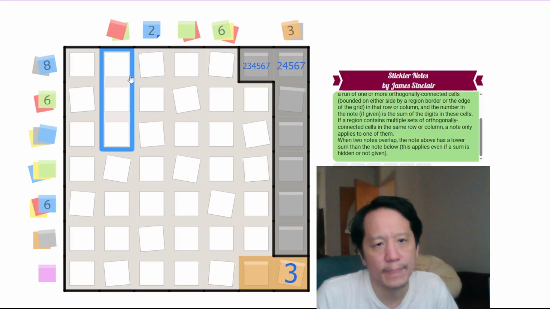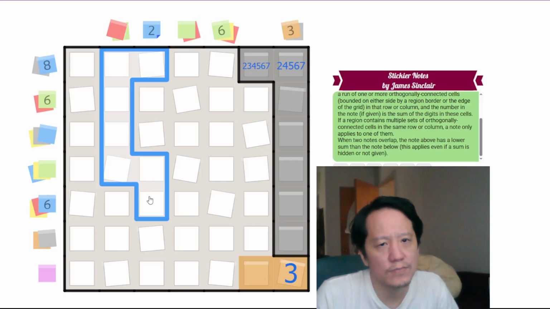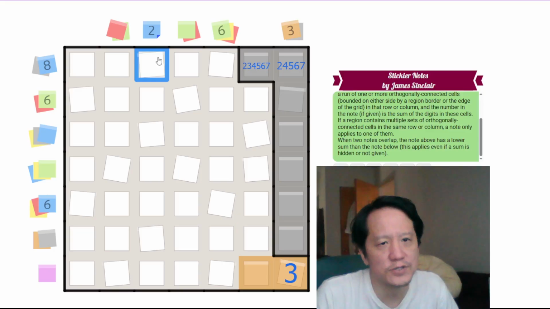I guess he could still go across, though. Well, the thing... Right, so this only means one of them, right? It doesn't say it can be multiple, right?